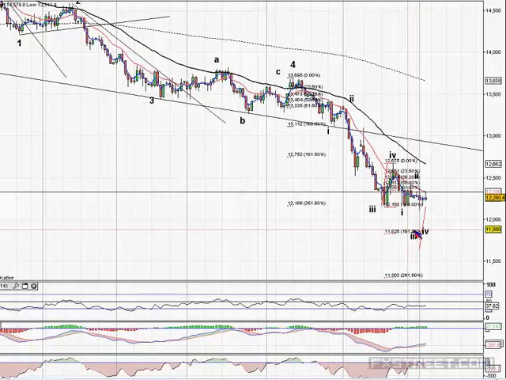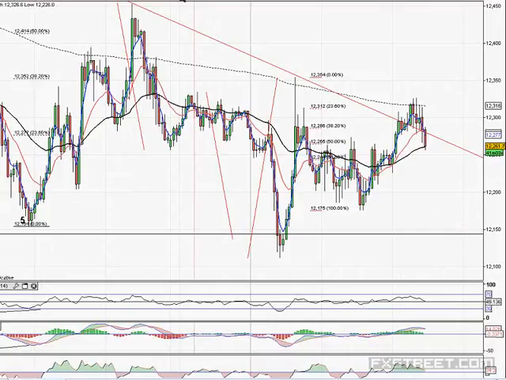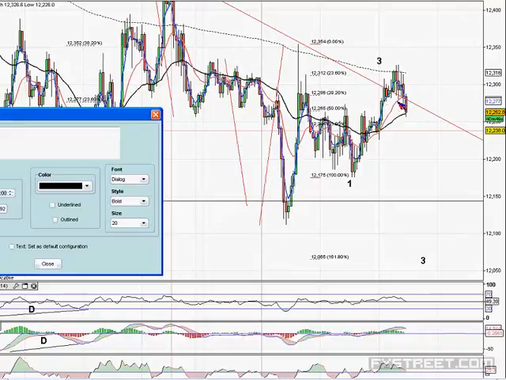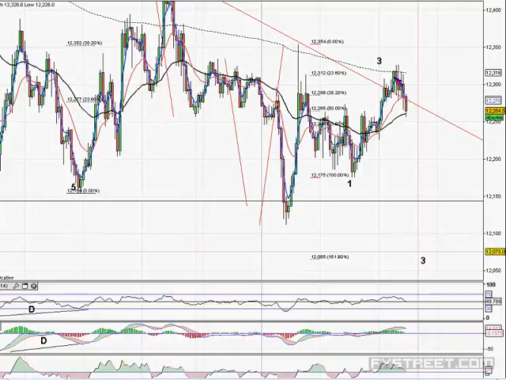Okay, so that could potentially be wave 1, wave 2, wave 3, getting down here. So you really want to watch the strength of this wave as well. You want to see it impulsive, you want to see it moving down pretty quickly.